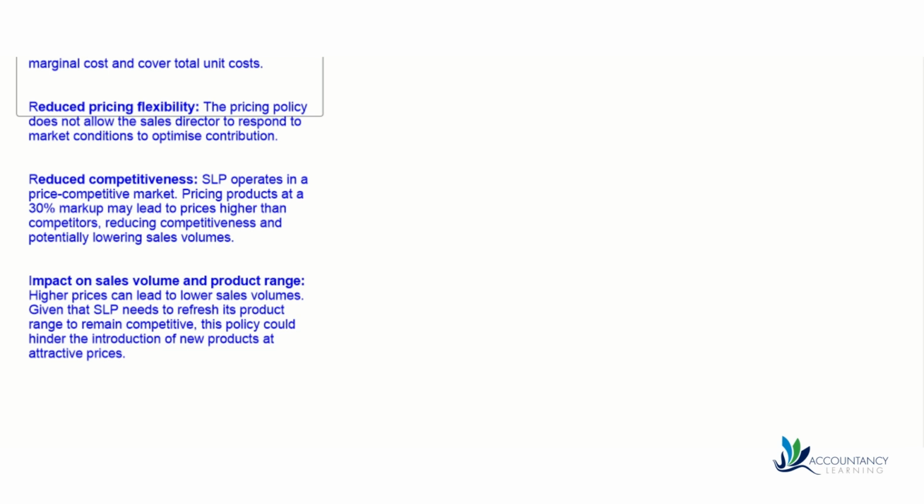So this suggests that the higher prices resulting from the current policy could cause a decrease in the number of products SLP sells. And furthermore, because SLP needs to introduce new products regularly to stay competitive, the policy's tendency towards higher prices might make it difficult to launch these new products at price points that would appeal to customers.